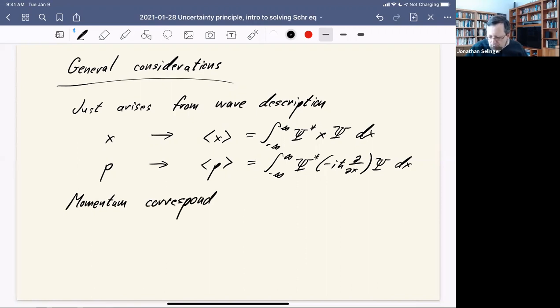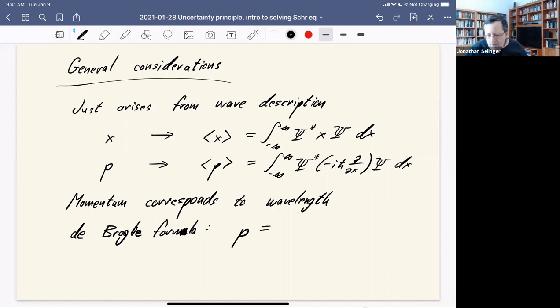These things are related by what's called the de Broglie formula, which says that the momentum is 2 pi h bar divided by the wavelength.